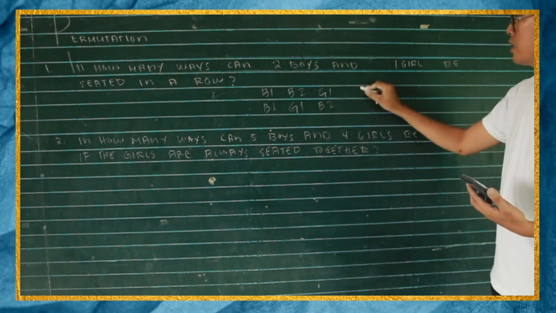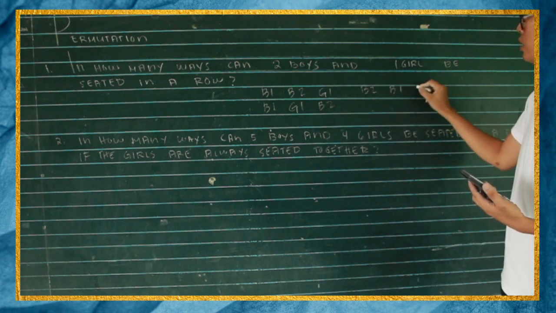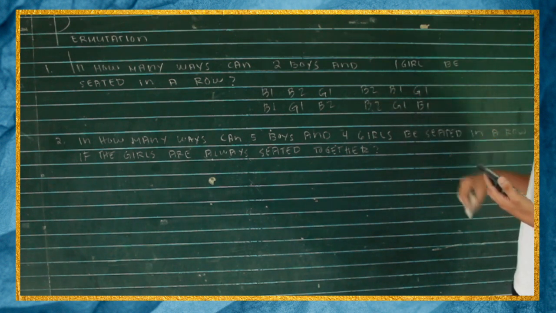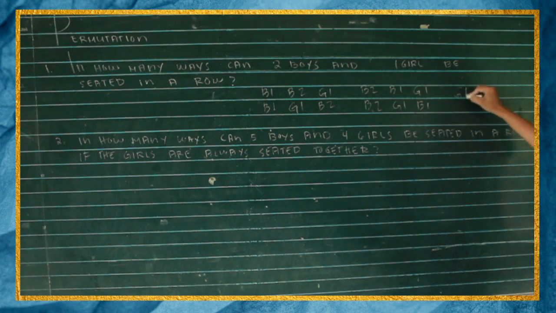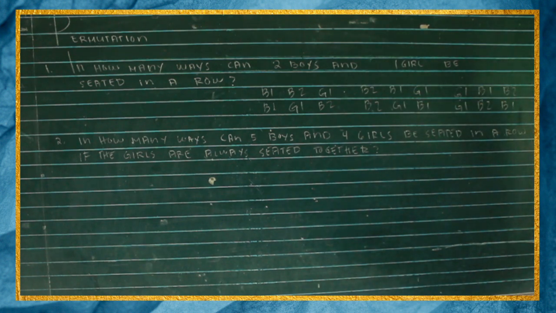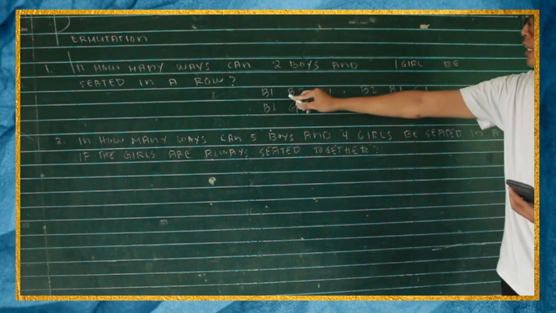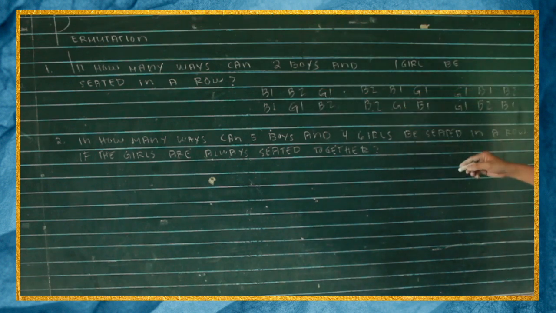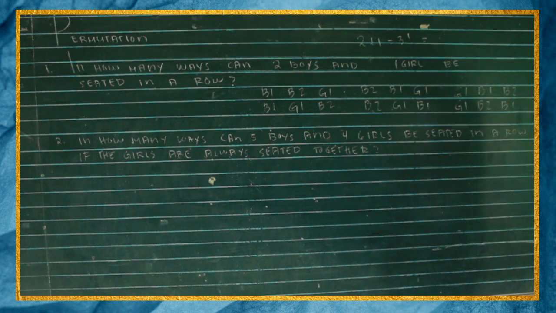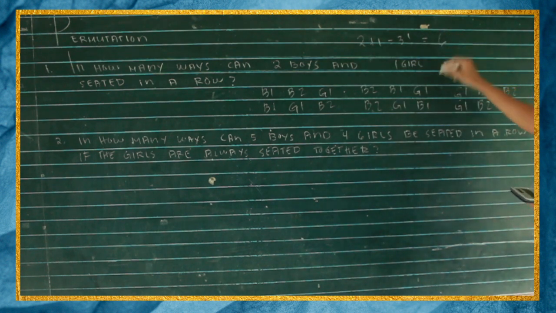Next ay pwede namang si B2, then B1, G1, B2, G1, B1. Or it can be G1, B1, B2, G1, B2, B1. Meron pa bang possible? Wala na. So we have 1, 2, 3, 4, 5, 6 ways na ihilera yung dalawang lalaki at isang babae. So that would be 2 plus 1, and that is 3 factorial. 3 factorial is 6.